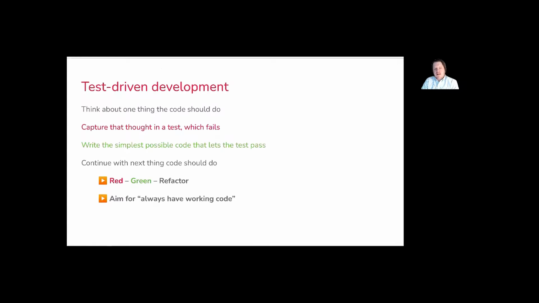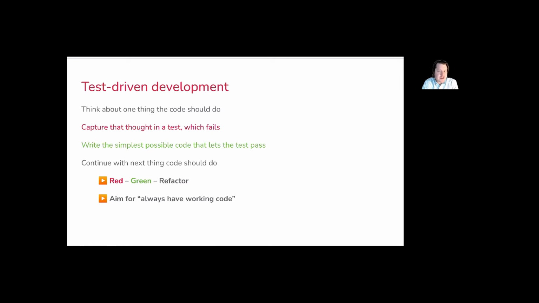So test-driven development. What we're going to do as we're developing our code is think about one thing that the code should do, just one thing. So if we're writing a function that perhaps has multiple steps, we're just going to focus on that one step to begin with. We're going to capture our thought in terms of what that one thing the code should do in a test.